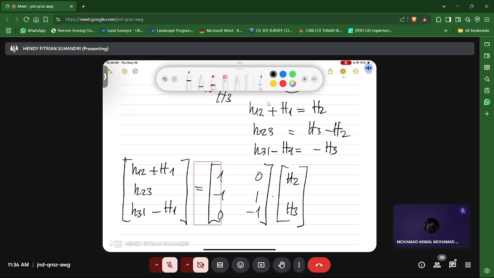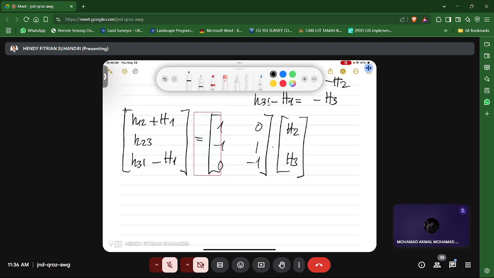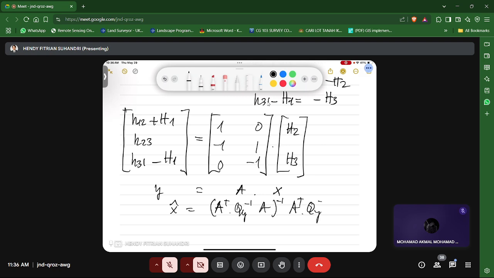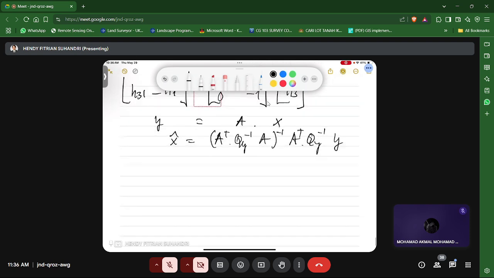Okay. So di dalam least square adjustment, kalau ni adalah persamaan yang linear, apa yang awak cari sebetulnya adalah X. Macam ni nanti saya offset dululah. QY A negatif 1, kemudian A transpose QY and Y. Nanti yang dicari adalah sigma X. Sigma X itu apa?